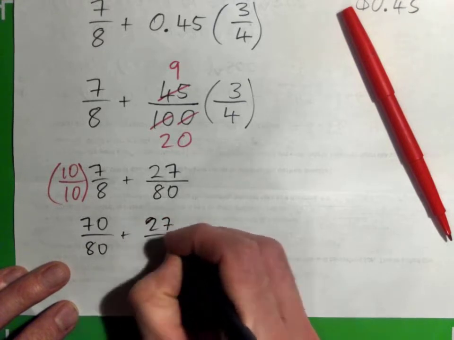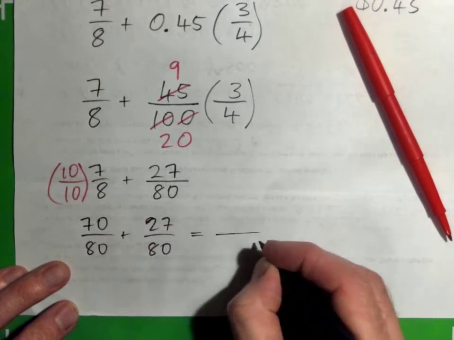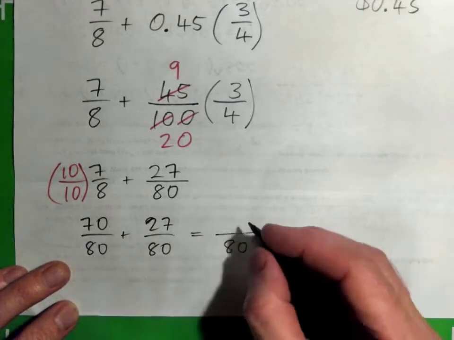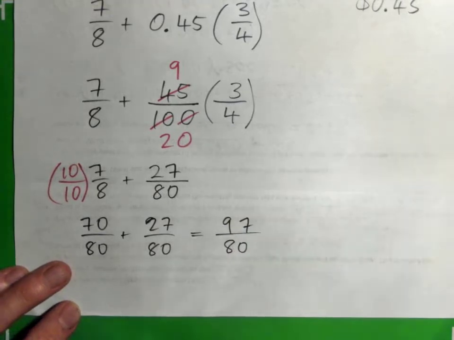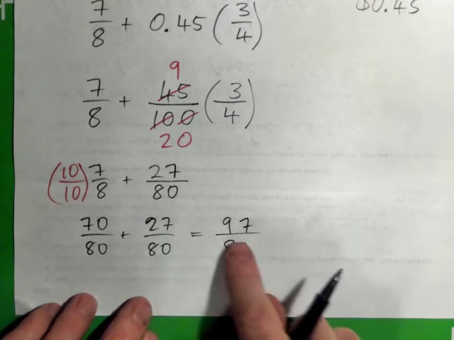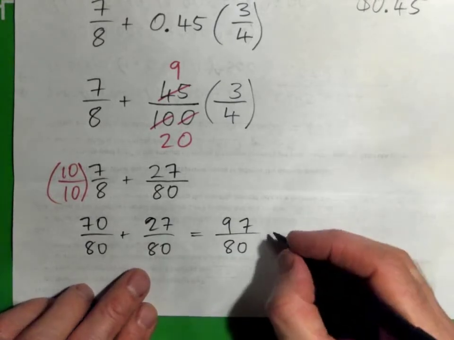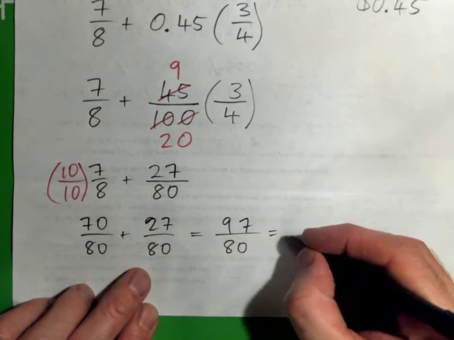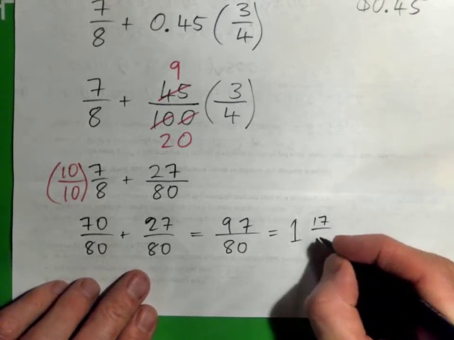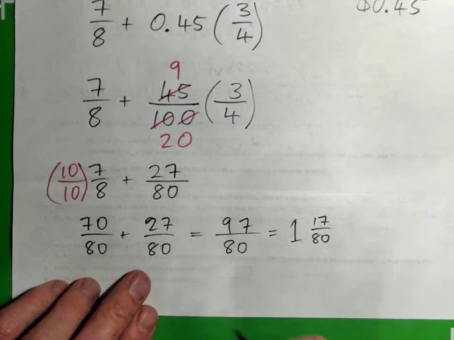27 eightieths, which makes how many eightieths? Yeah, 97 eightieths, right? All right. So, an 80 into that goes 1 time, and the remainder would be 17 eightieths. 1 and 17 eightieths, right?